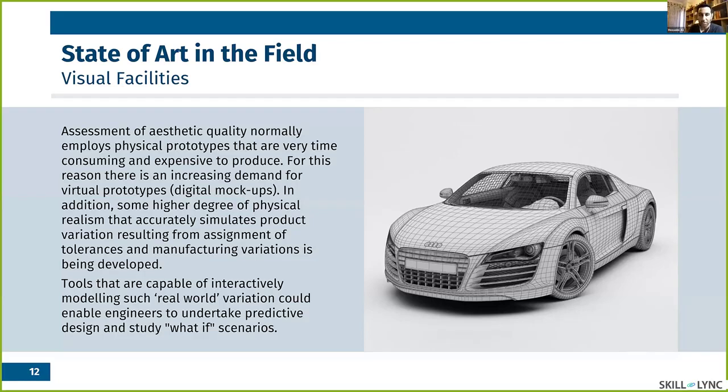In addition, some higher degree of physical realism that accurately simulates product variation resulting from assignment of tolerances and manufacturing variation is being developed. Tools that are capable of interactively modeling such real-world variation could enable engineers to undertake predictive design and study what-if scenarios.